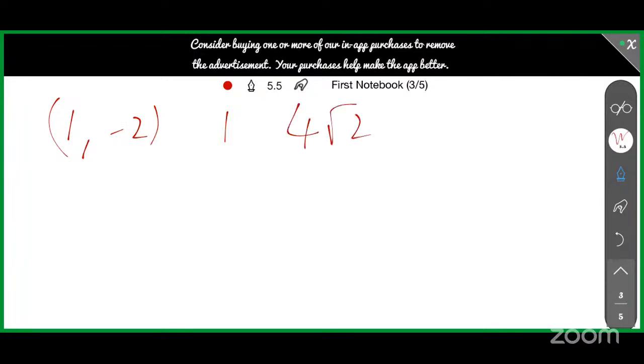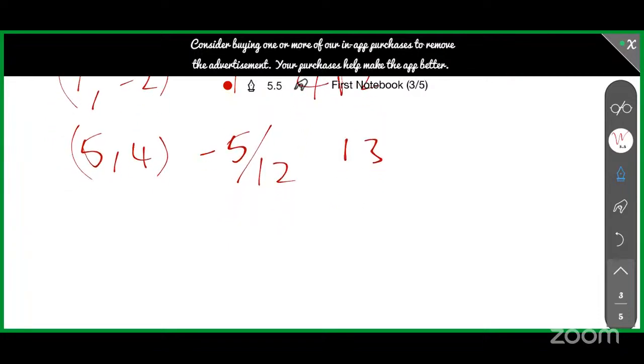One more question: point (5, 4), and slope is minus 5 by 12, and distance is 13 units.